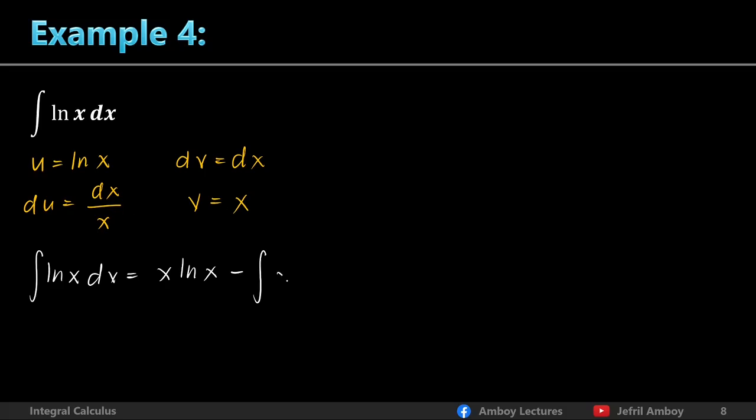Okay? So, we have x multiplied by dx over x. Ay, shit! Itong dalawang to makakancel. Kaya ang matitira na lang dito, integral of dx. Eh, di ba x yun? So, magiging x ln x minus x na lang yan. And then plus c. Okay?